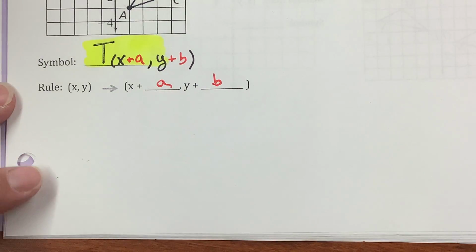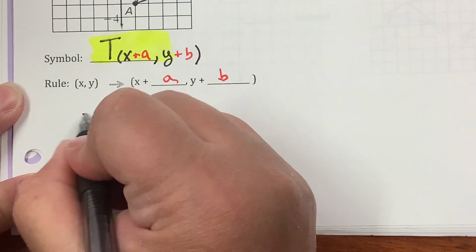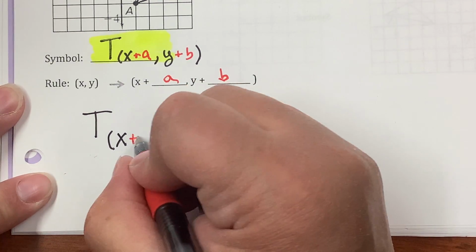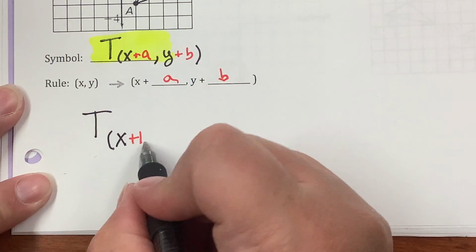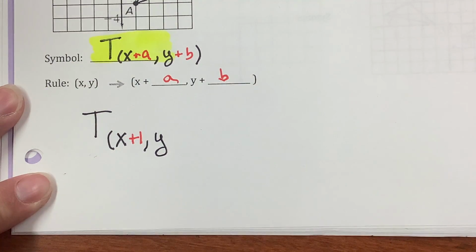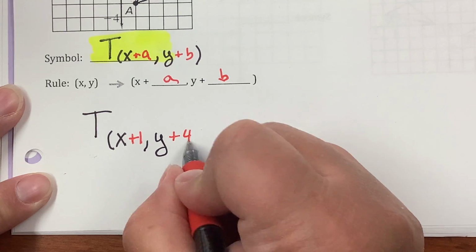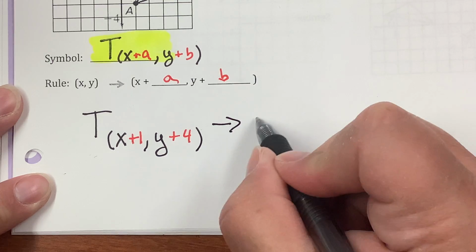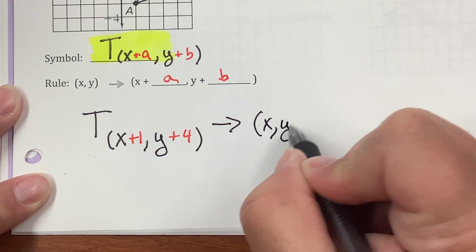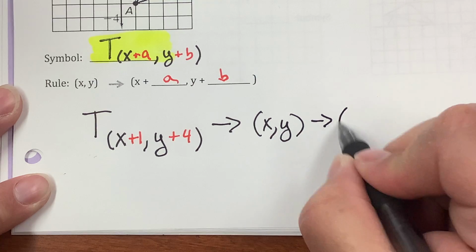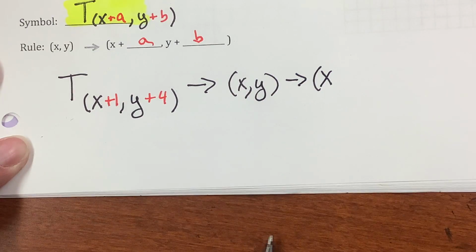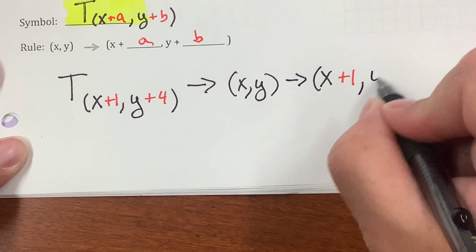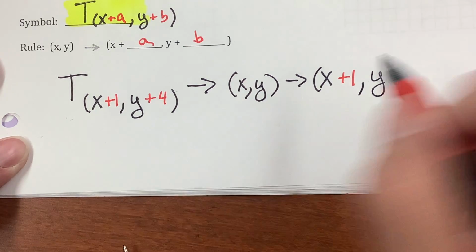But this particular transformation is T, X plus 1 and Y plus 4, and you would write that as (X, Y) becomes (X plus 1, Y plus 4).